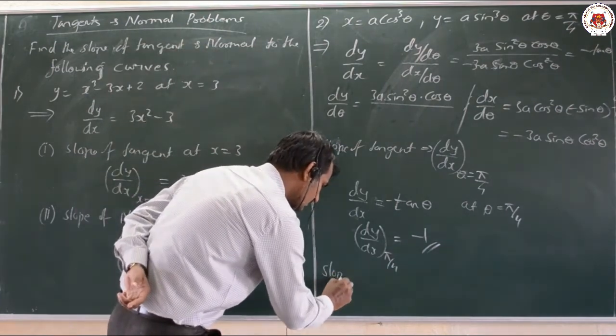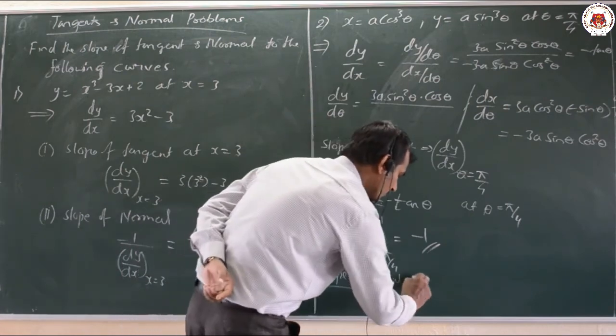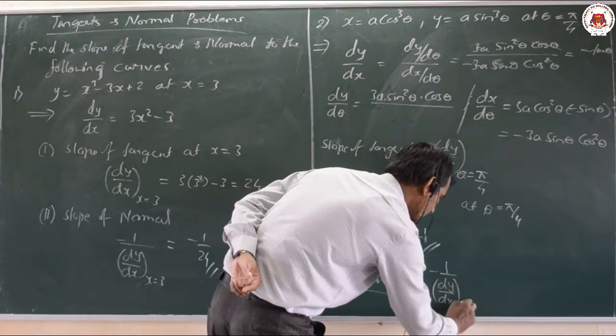Similarly, the slope of the normal is equal to minus 1 divided by dy by dx at pi by 4.